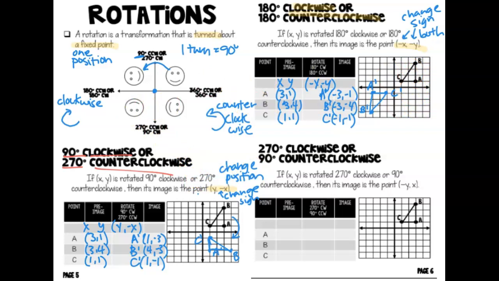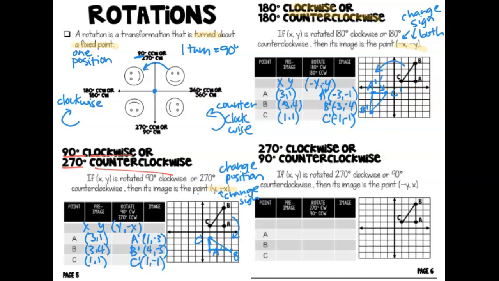And we can see, yes, that did turn 2 times, 1 and then 2, to get to this position, clockwise or counterclockwise.